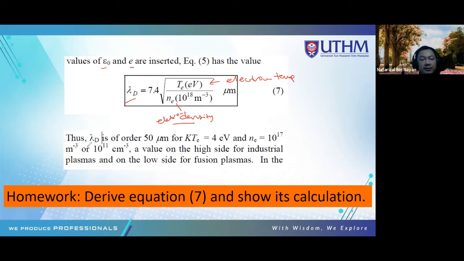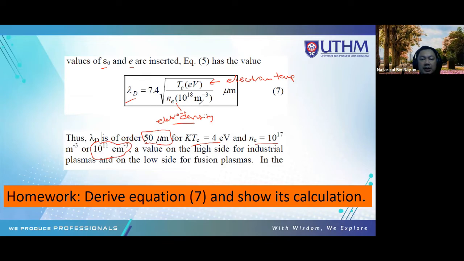This is an example. You can see lambda is on the order of 50 micrometers if kTe is 4 electron volts and the electron density is 10 to the power of 11 per cubic centimeter.